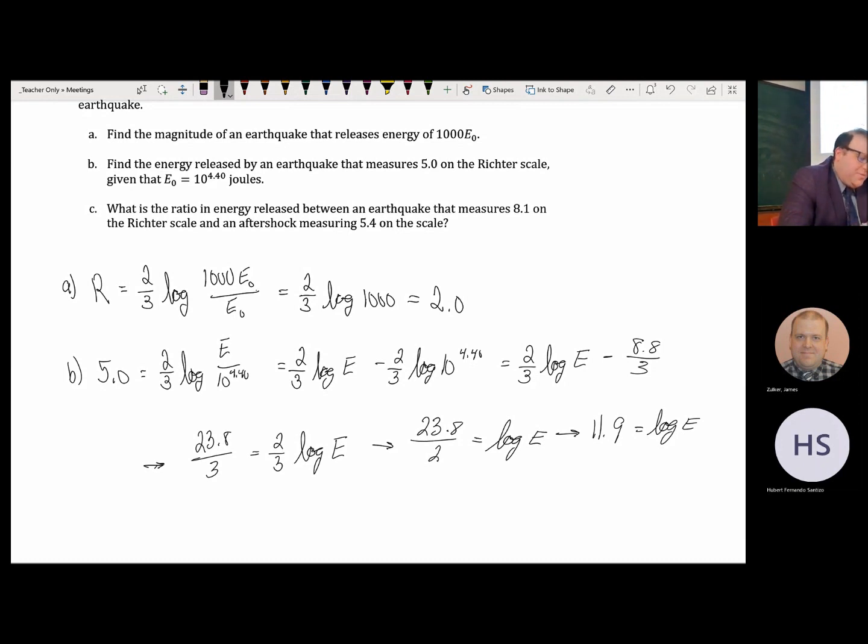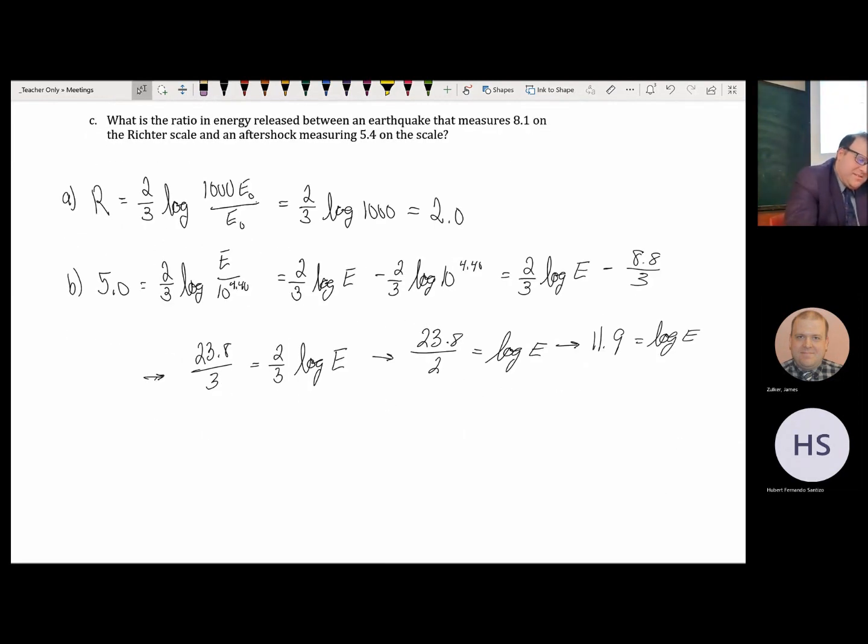I just realized I could have done the 2/3 first, but could have multiplied by 3/2 before doing any of this. Oh well. Gets me to the same place anyway. Then what's E? 10 to the 11.9 power.